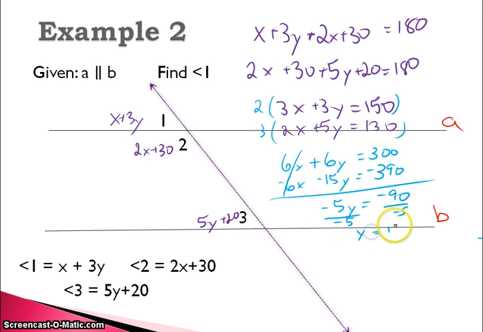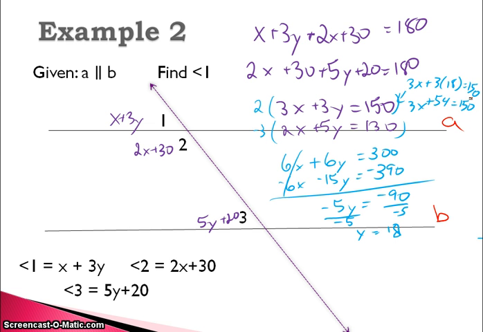So y equals 18. Now, let's plug into one of our equations and see what x equals. So 3x plus 3 times 18 equals 150. 3x plus 54 equals 150.